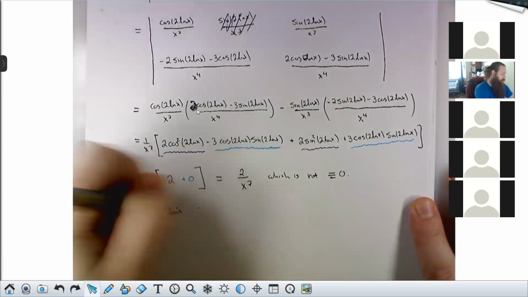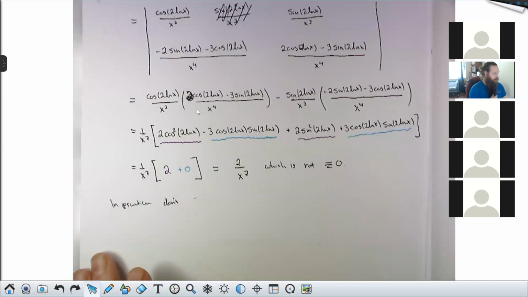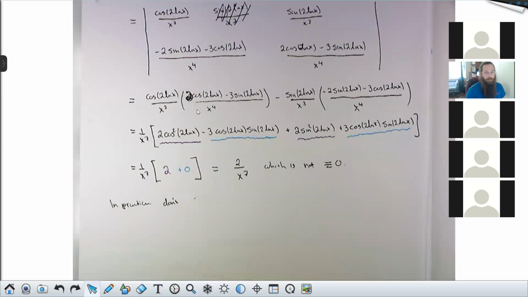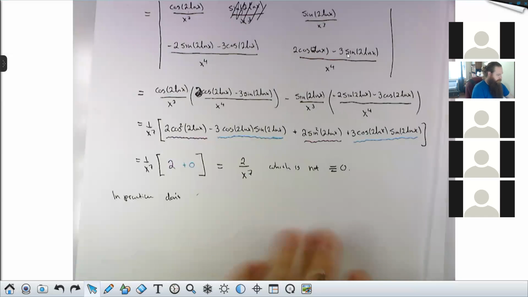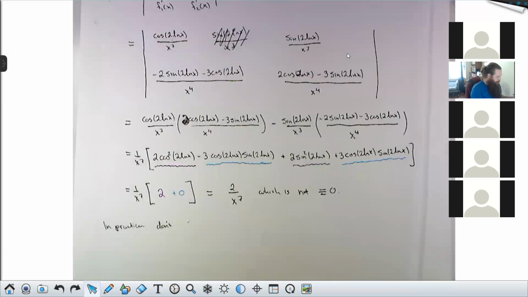Wait, Professor, for f2 prime, wasn't it supposed to be 2 cosine minus 3 sine natural log of x over x to the 4th? No, there was a little mistake there that I had to correct. So I did correct it, but maybe I did it a little bit too quickly.